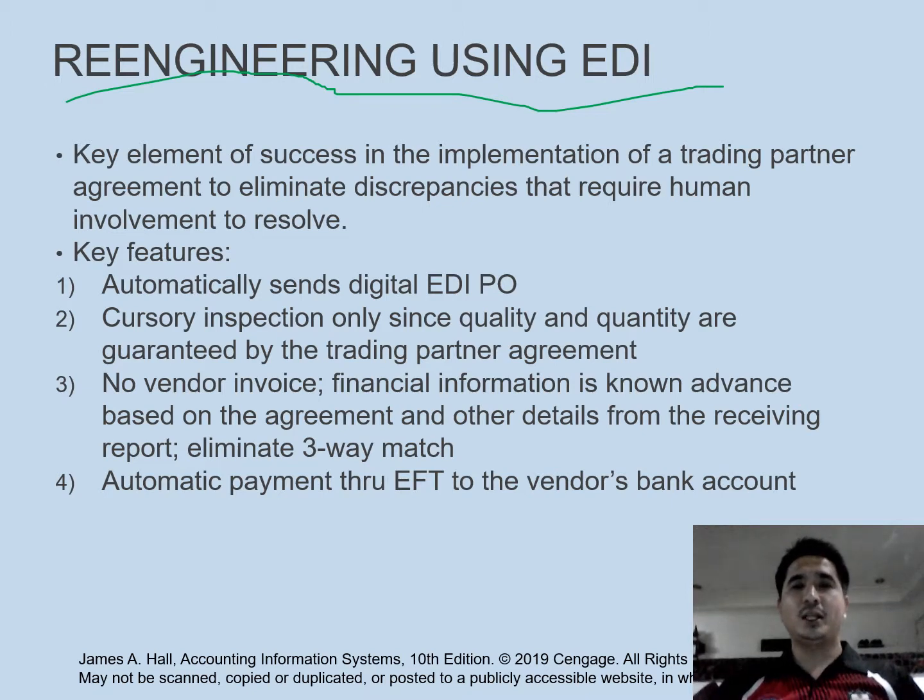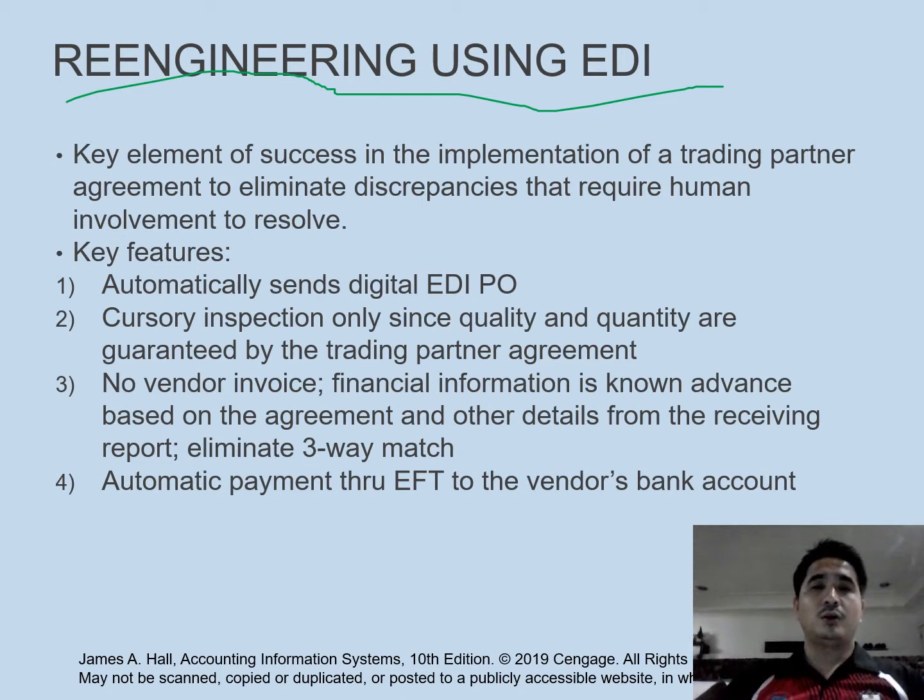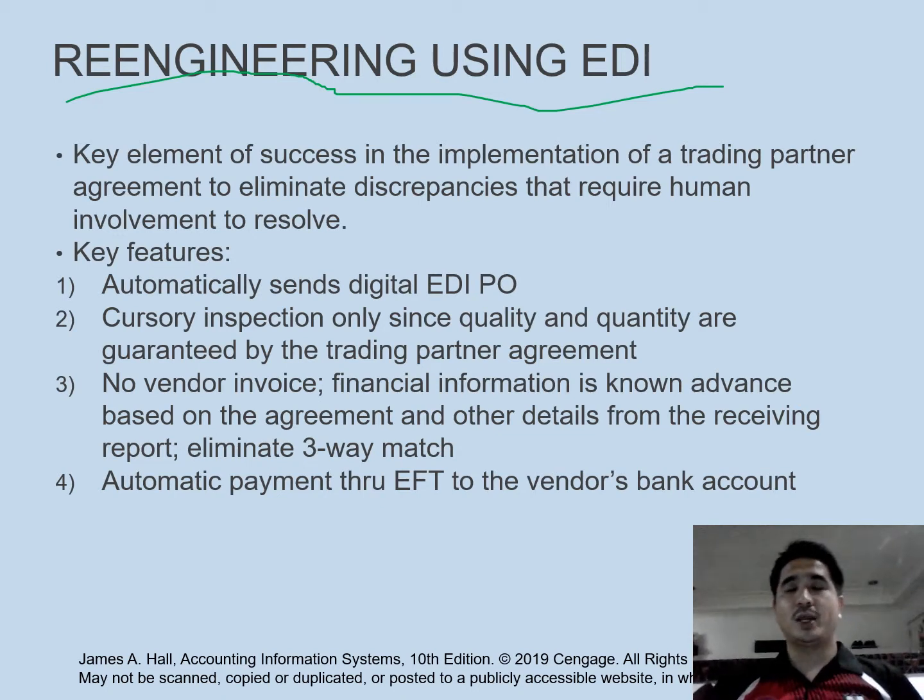So basically here, we don't have any purchase order because the system of the company is connected to the system of the vendor supplier. So there's an automatic purchasing involved here. Since there is no human intervention, we can eliminate the discrepancies due to human activities or human errors.